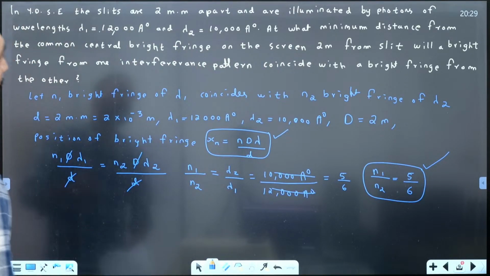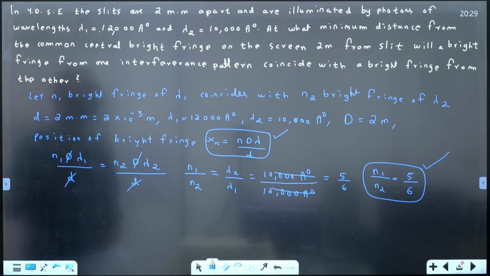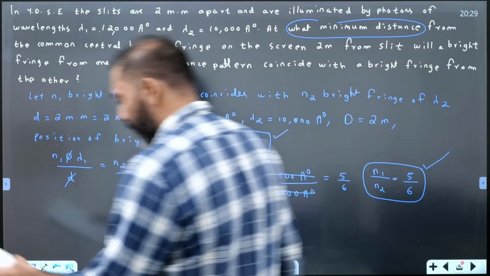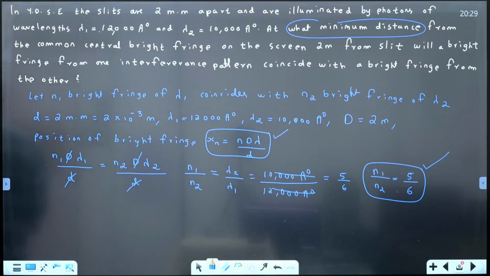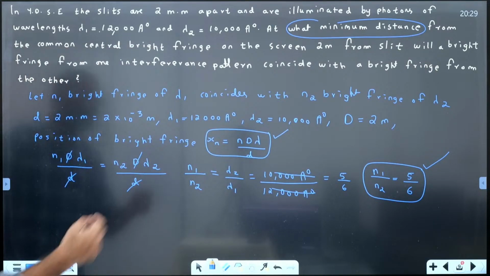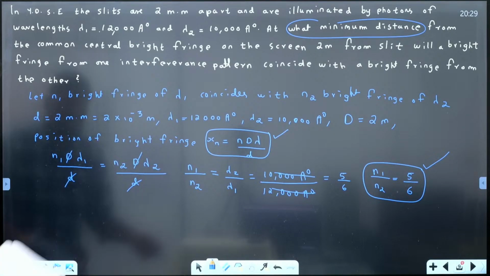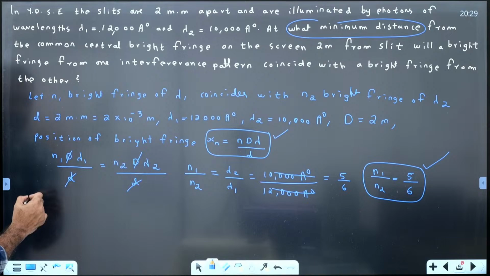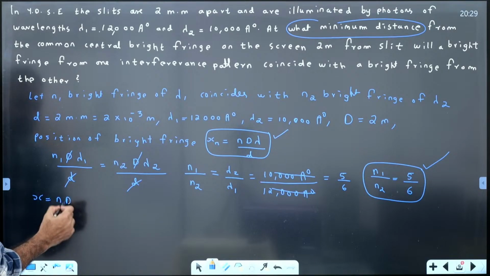See, what is our requirement? What minimum distance we have to find out. n1 by n2 is 5 by 6, so you can say n1 equal to 5. X is equal to n D lambda by d.